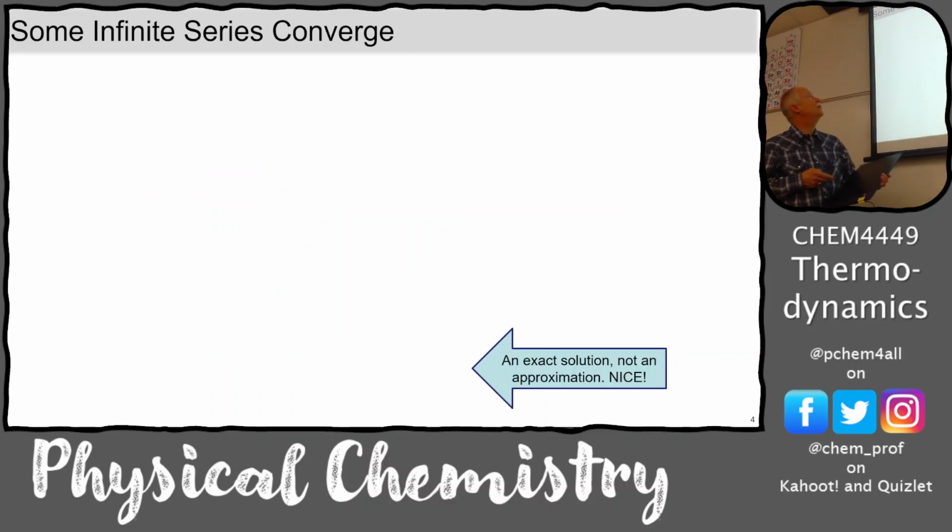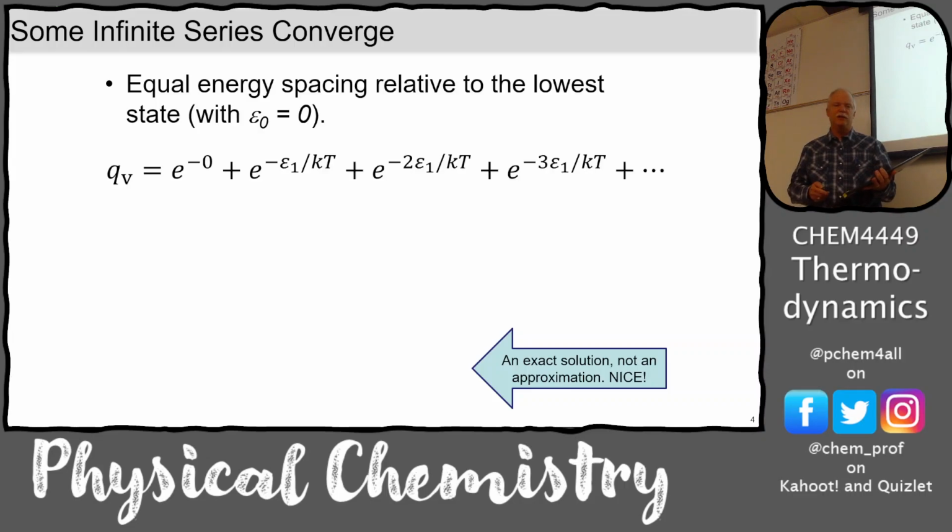This is fortunate because this is an infinite sum over all of those energy levels, and some infinite series converge. When we have equal energy spacing relative to the ground state, we have this sum here. Let me see if I can do this with my pen.